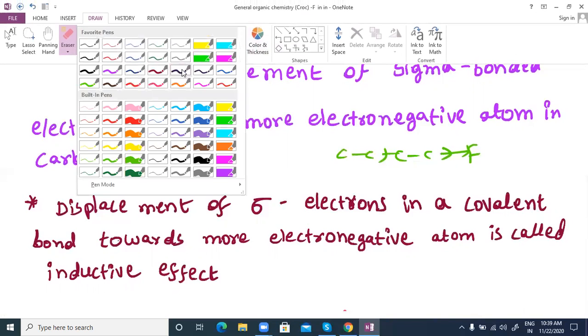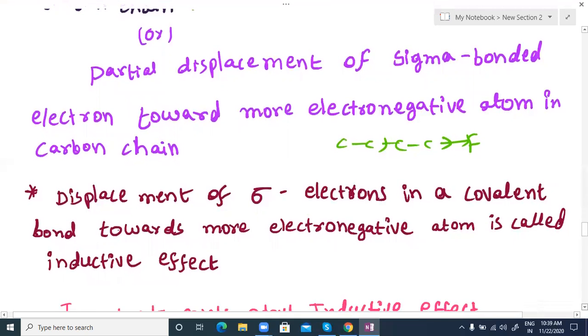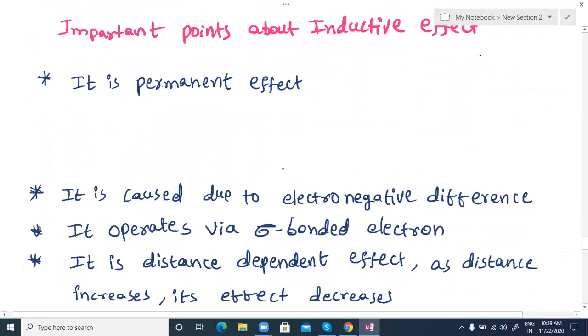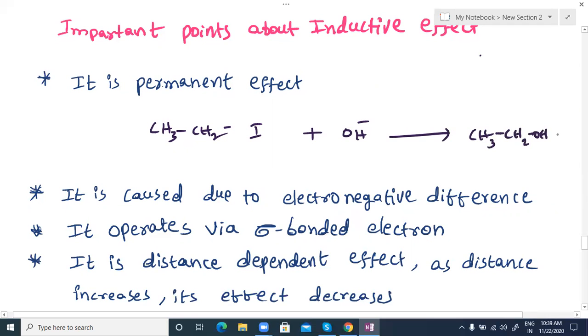Got it? Next, some of its characteristics: it is a permanent effect. Suppose CH3CH2I reacts with, assume, OH minus. Then we get the answer CH3CH2OH plus I minus.